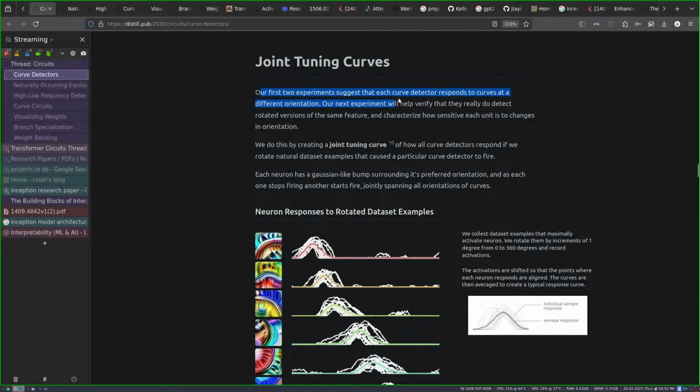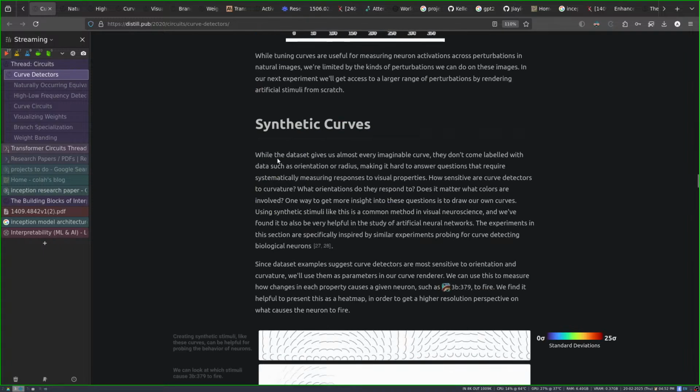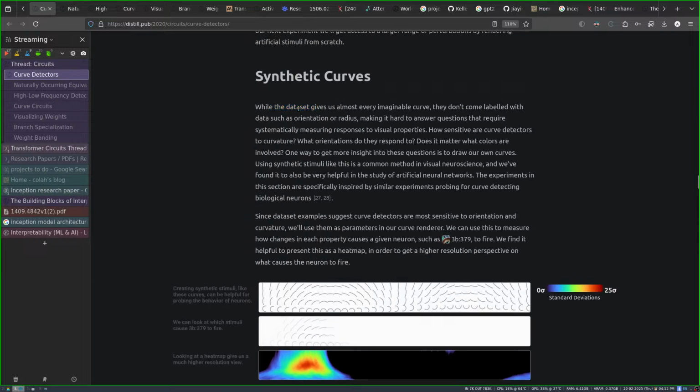The first experiment suggests that the curve detector responds to curves of different orientations. While the dataset gives almost every image a curve, they don't come labeled with data such as orientation or radius, making it hard to answer questions that require systematically measuring responses to visual properties.